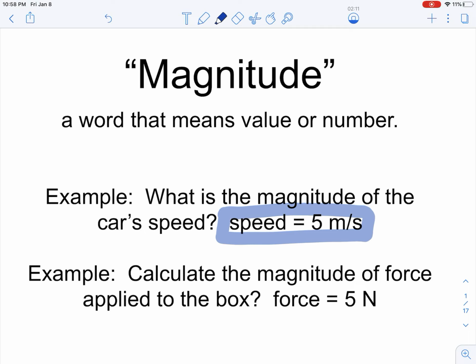This is just telling you that I'm asking you to give me that numerical value for the speed of the car. Calculate the magnitude of force applied to the box. Again, force is what I'm actually asking you for. Now, we're going to continue to hear the word magnitude immediately in the definitions that we're going to cover today, but definitely throughout the course in questions similar to what you see here as examples.